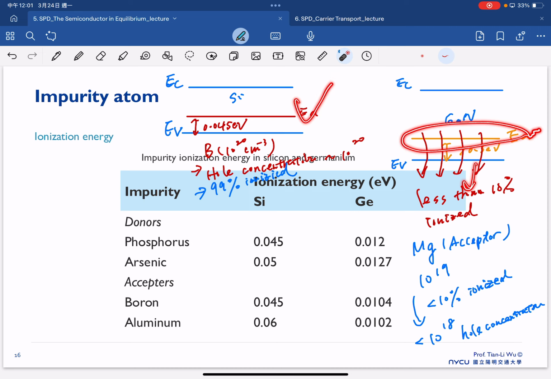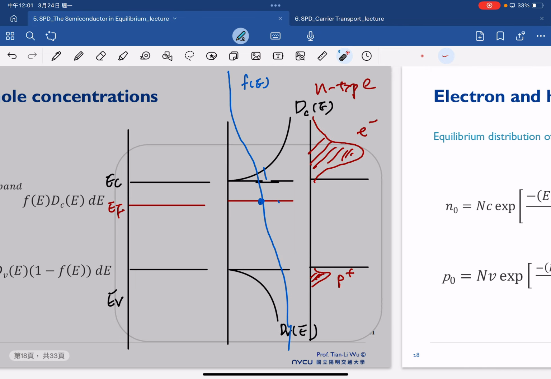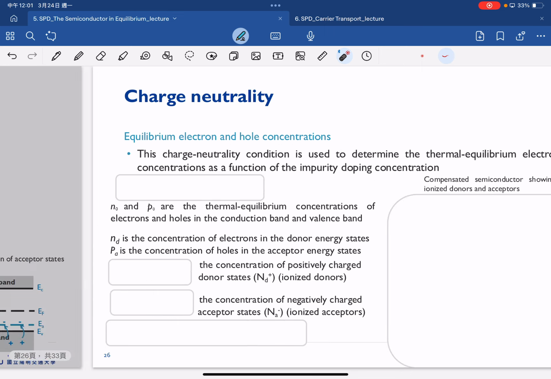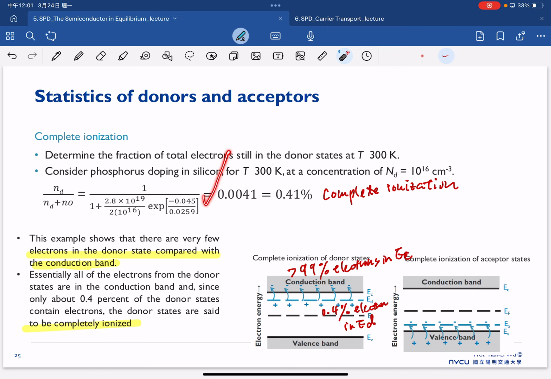So this observation is proved here using this equation. With this equation, we can confirm that with a small ionization energy, 0.045, you have less than 1% staying in the donor state energy, but more than 99% is being ionized and then contributes as electrons, as a current in the end. So this is the case we call complete ionization.